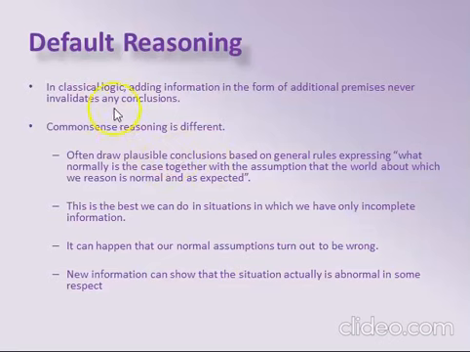In classical logic, we have to obey all the information required for making a conclusion, so additional information which is not part of what is required will not affect the conclusions made in logical reasoning.